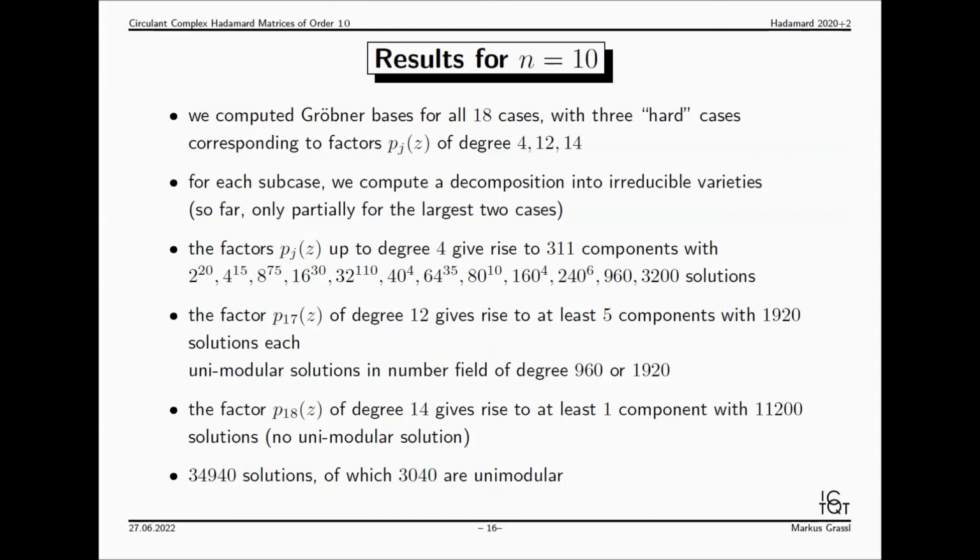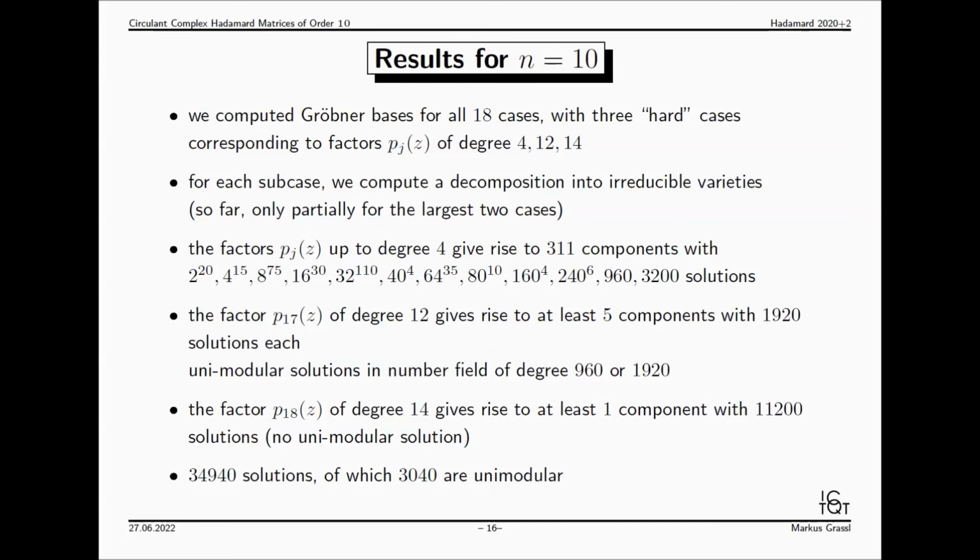And then we compute the decomposition into irreducible varieties. That's in some sense a standard procedure in computational algebra, but you have to play tricks when you push the borders. And for the 2 biggest cases, we have not yet done that splitting completely.